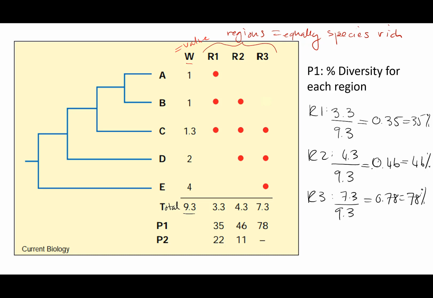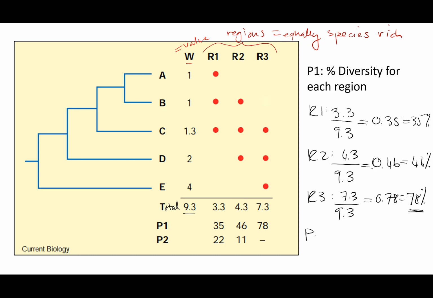So it's a proportion of how diverse that region is relative to the total taxic diversity in all three regions that you are comparing. And what you will notice, of course, and we could have predicted this just based on the taxic diversity scores, is that region 3 has the highest taxic diversity measure, which also equates to the highest percent diversity for P1.